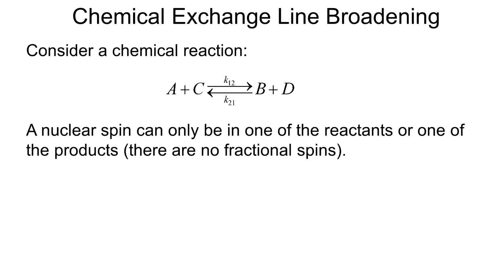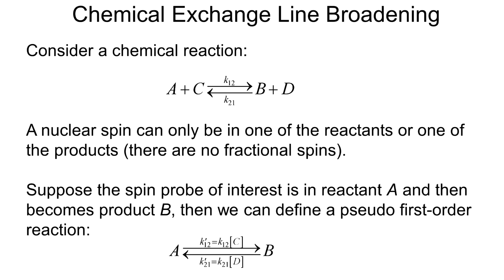It's also the case in solution. If we leave aside some fast mixing or laser jump experiments, most of the experiments one does in solution are at equilibrium. So the system may be fluctuating, but it's at overall chemical equilibrium. And with these two assumptions, if the spin of interest is in reactant A and product B, then we can reduce the equations using pseudo-kinetic rate constants because the concentrations of C and D are constant at equilibrium.